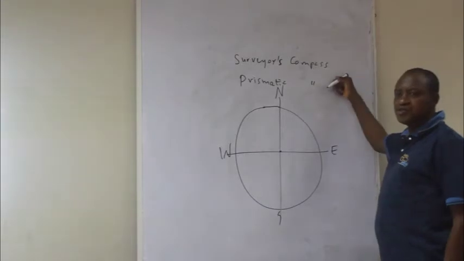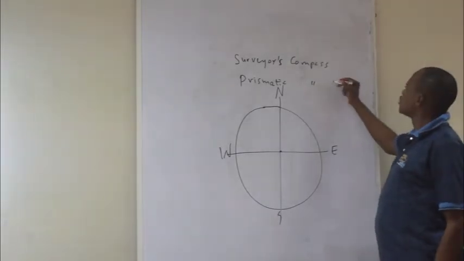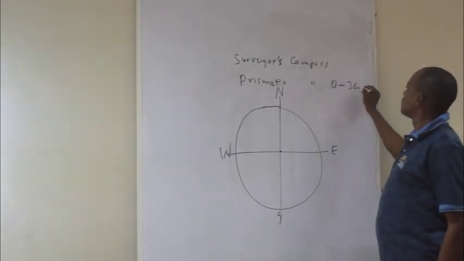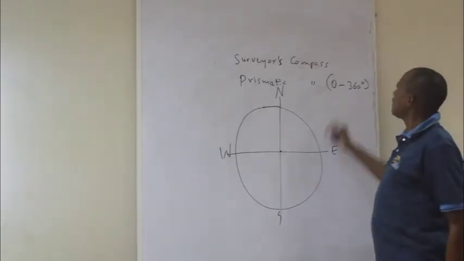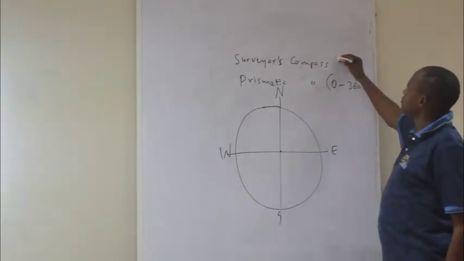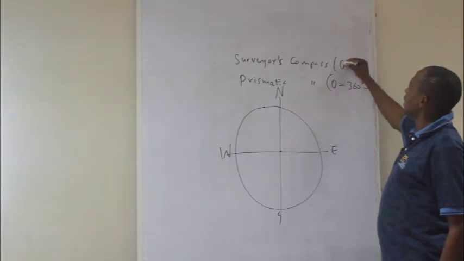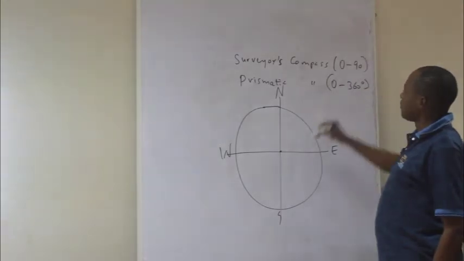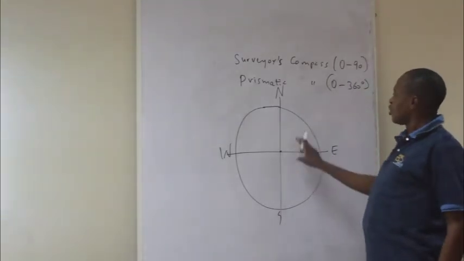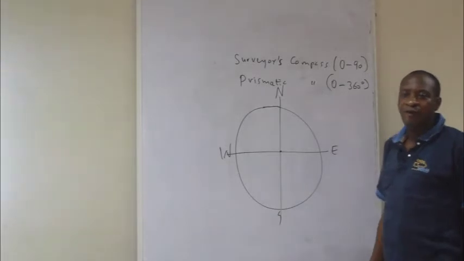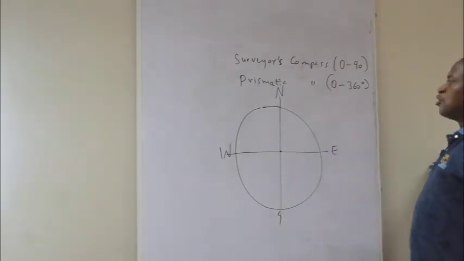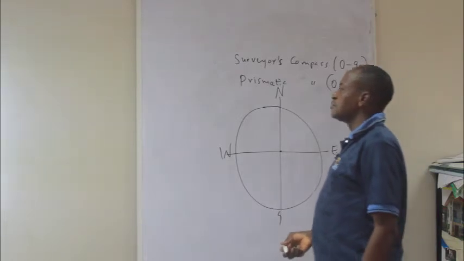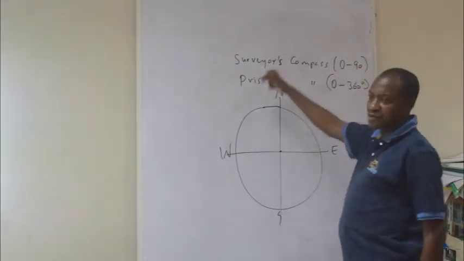The prismatic compass uses whole circle bearing, that is from 0 to 360 degrees, while the Surveyor's compass uses quadrants, that is 0 to 90 based on different quadrants. We have 4 quadrants, and 4 quadrants make 360. So you can record your bearing in either of the two systems.